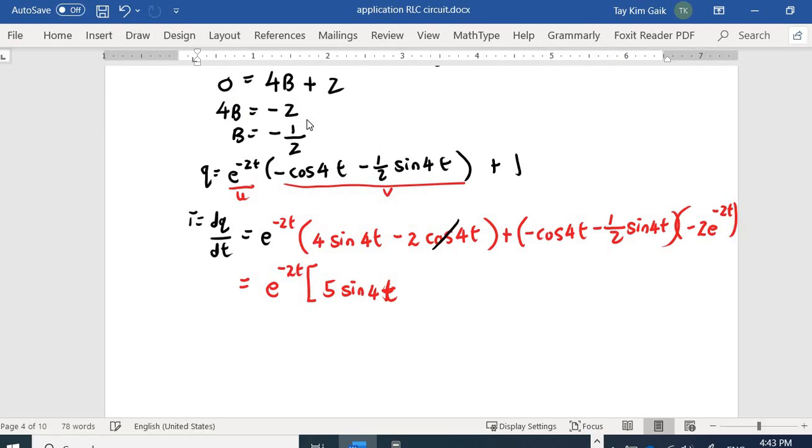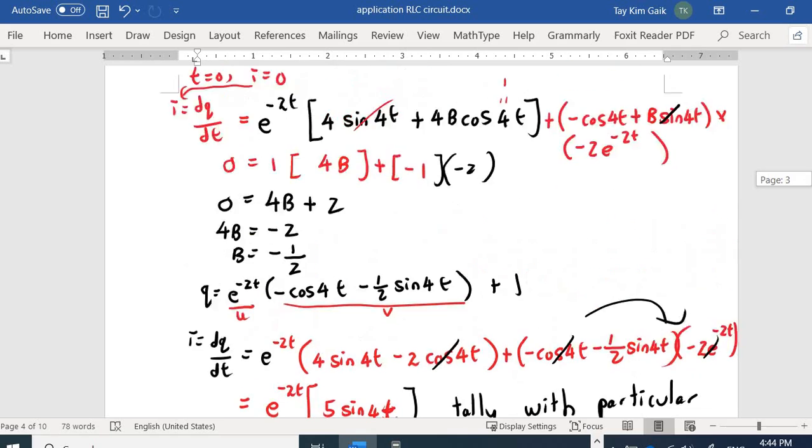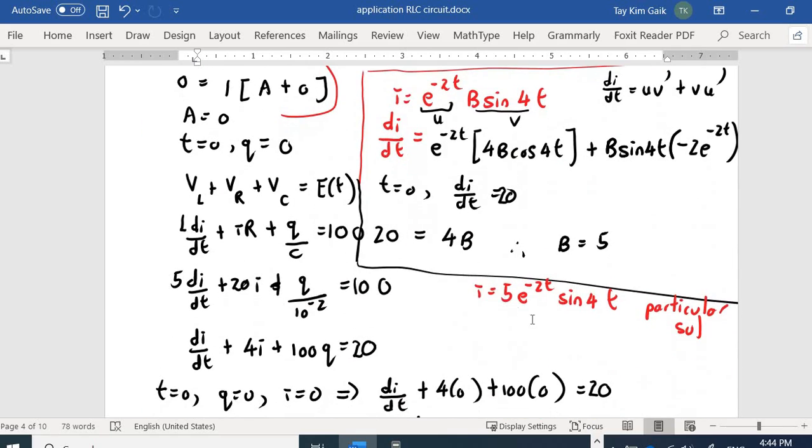When we plug in, this is 2 times cos 4t exponent negative 2t. This tallies with the particular solution of part 1, which is 5 exponent negative 2t sin 4t.